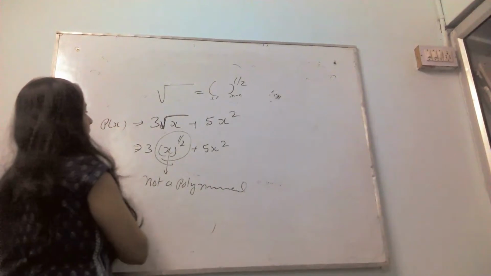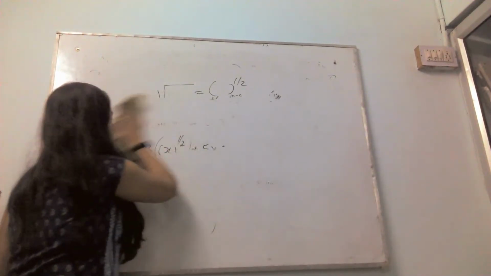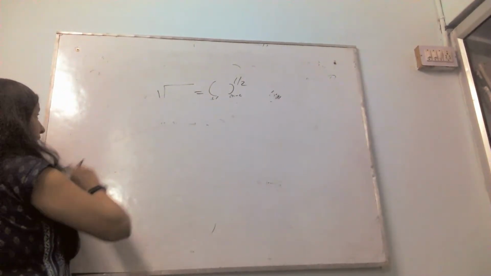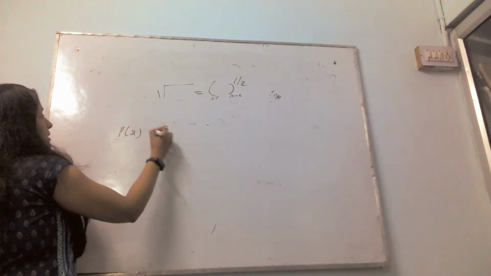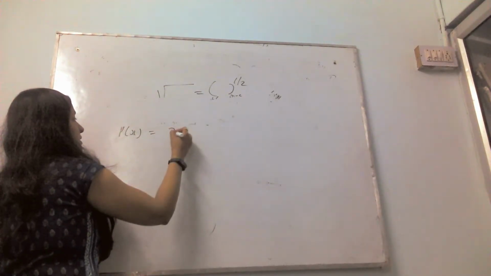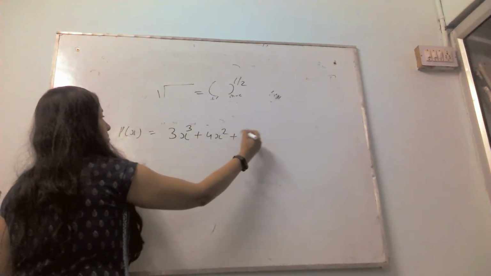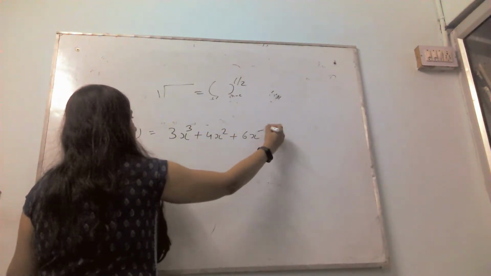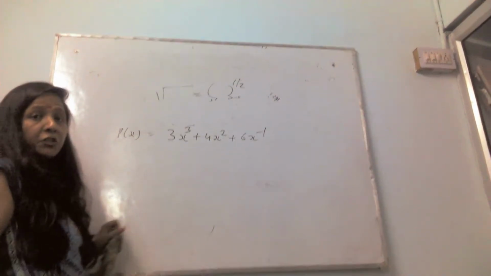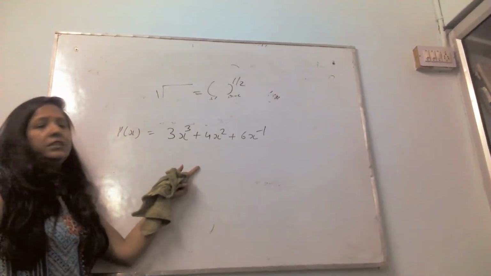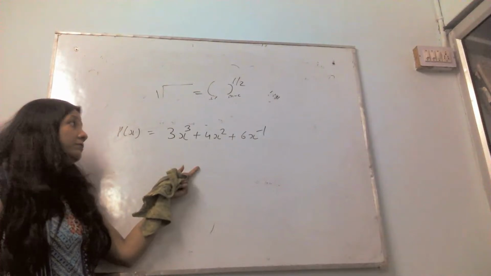We will take another example here. Suppose we have 3x to the power 3 plus 4x square plus 6x to the power minus 1. Is it a polynomial? No, it is again not a polynomial. Why?